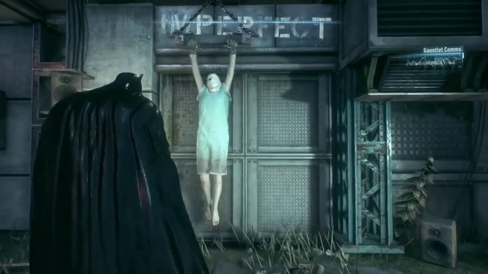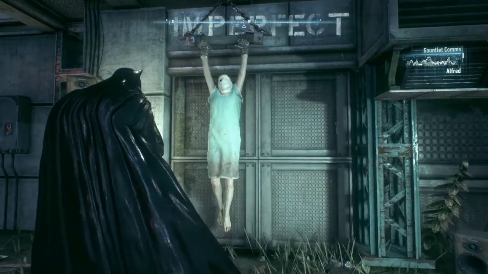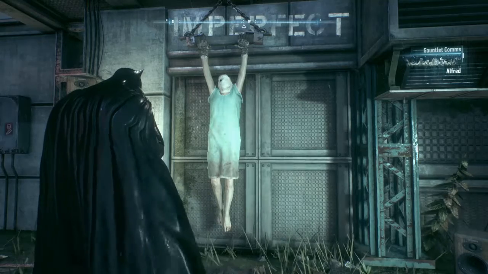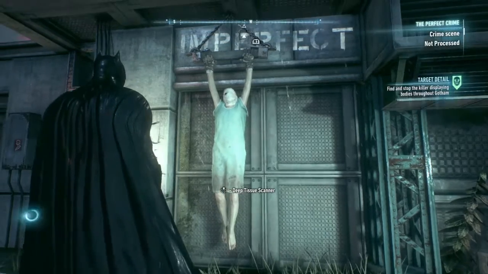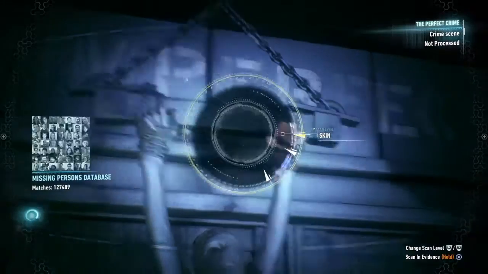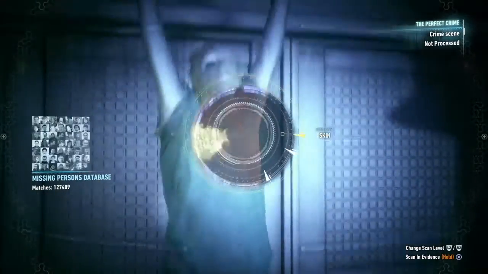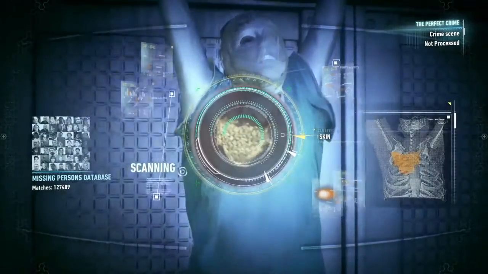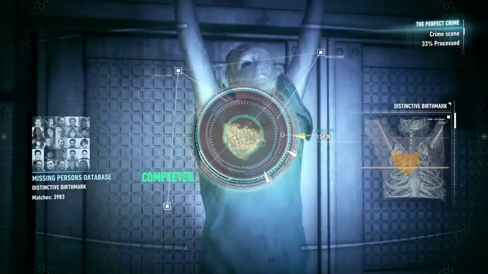Alfred, I found a fourth victim. Highly regrettable, Master Bruce. All we can do is hope this body yields some clues as to the killer's identity. An irregularity on the victim's chest.